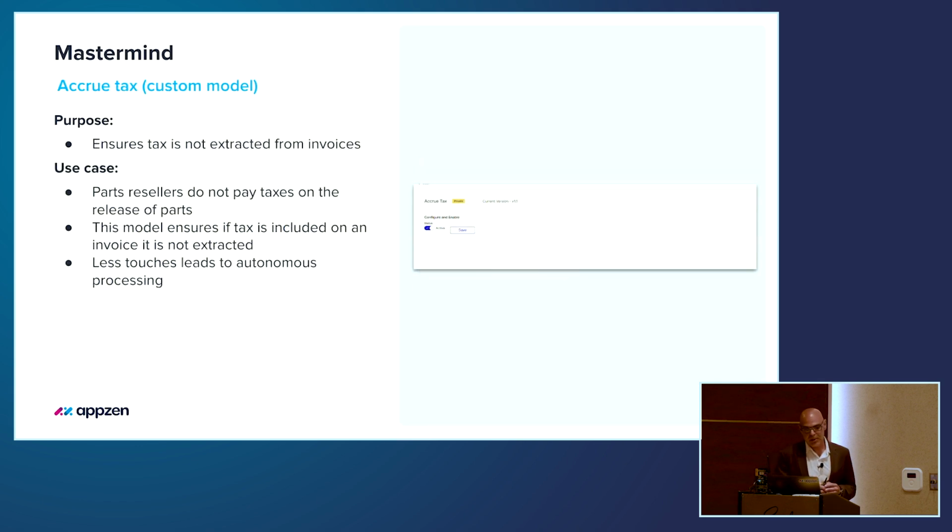Another one I want to talk about is a custom model. I've got a customer, and they resell parts. I don't know if you all know this, but if you resell a part, you don't pay taxes on it. And the invoices will sometimes come in with a tax. They said, hey, we don't want to have to go in there and zero out the tax. It's too many touches. It's not making the invoice autonomous.